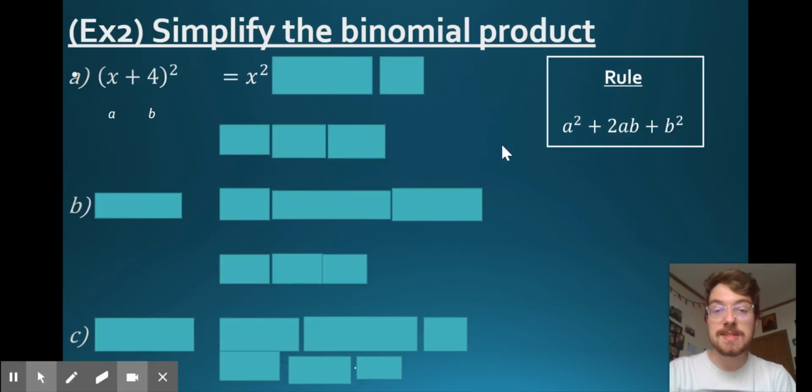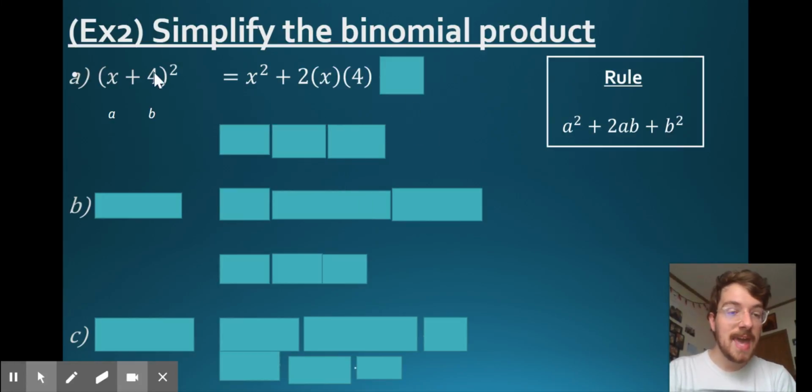So in the middle, I have 2 times x, my a term, times 4, my b term. We'll make that look prettier later. And then at the very end, I have to square my b term as well. Since 4 is the b term, I'm going to have plus 4 squared.